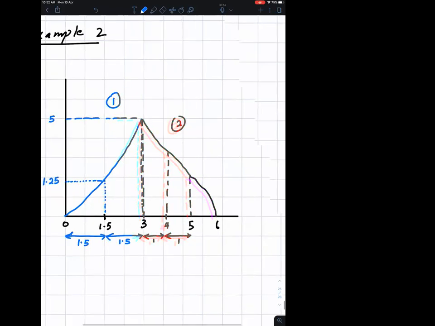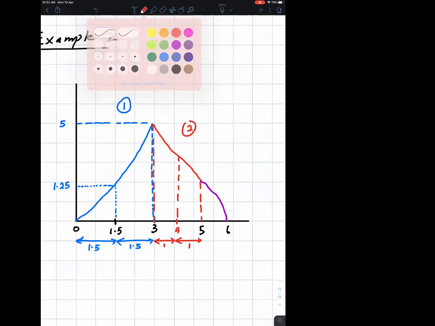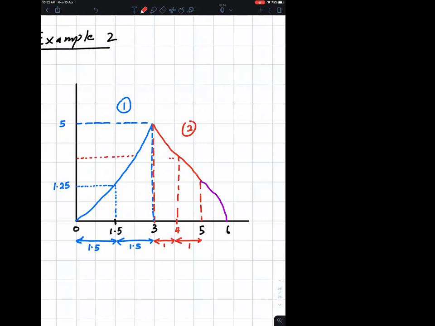Okay. So once you split them up, you have to find the corresponding value. For 4, what is the corresponding Y value? The corresponding Y value, let's say, is 3.25.